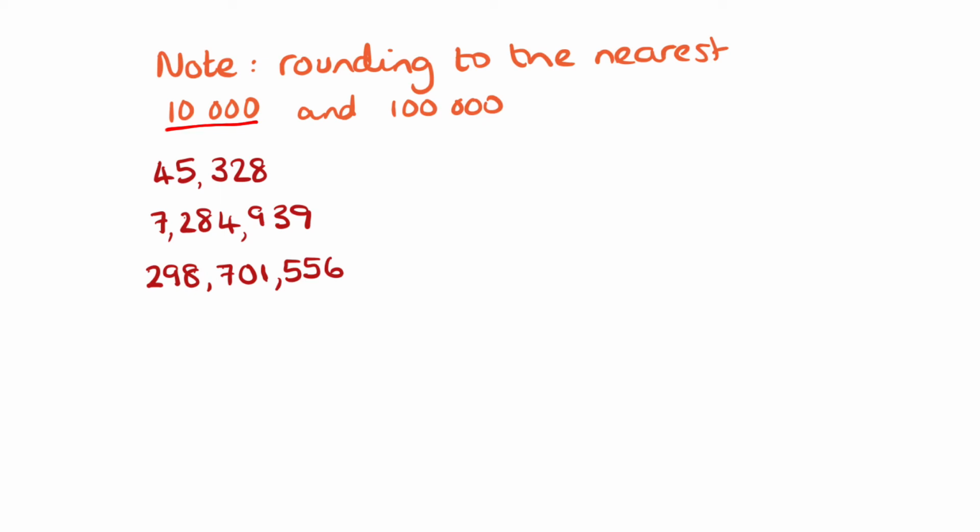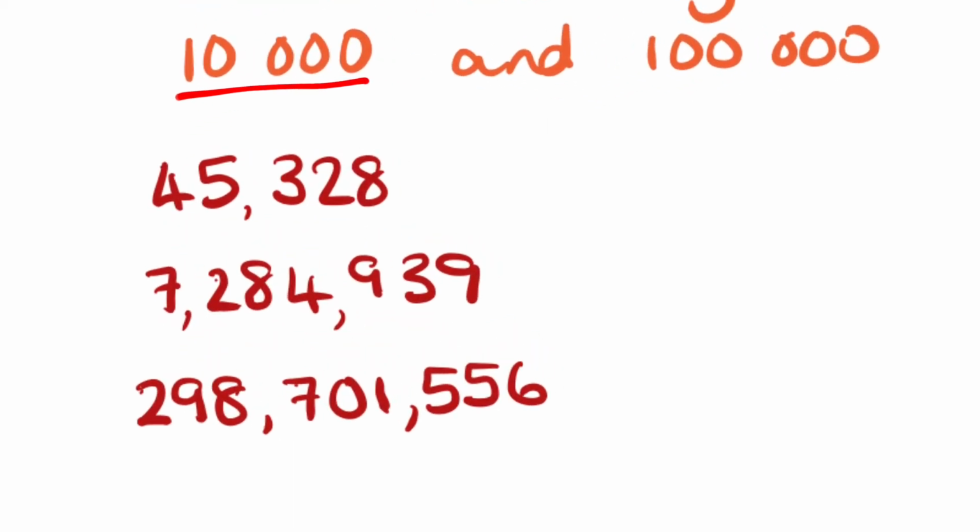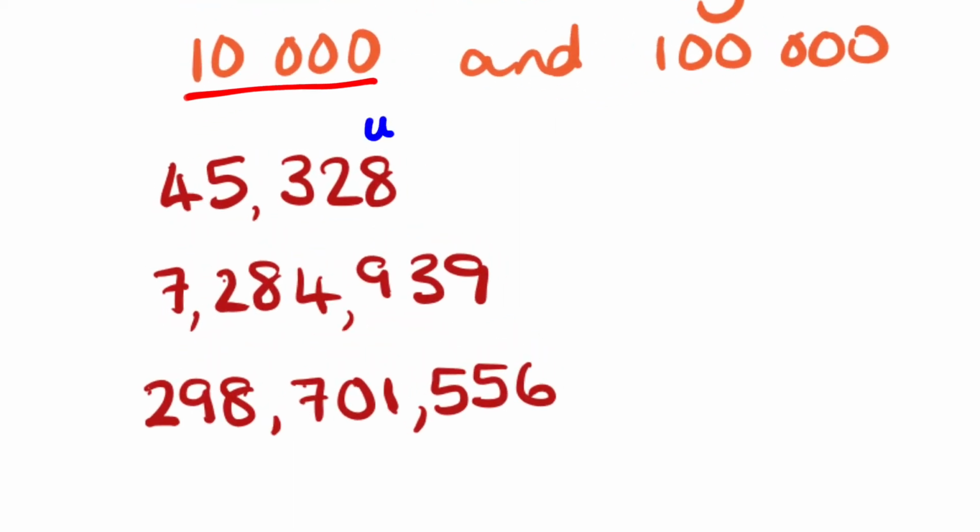So we're going to look at rounding these numbers to the nearest 10,000 to start with. Our columns go units, tens, hundreds, thousands, 10,000s. So it's the 4 in this case that is the 10,000s digit.